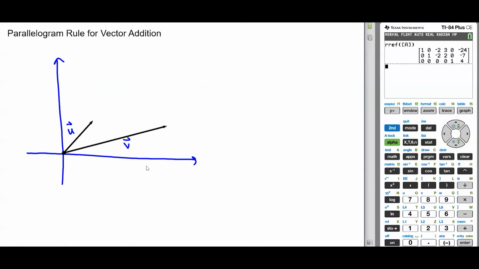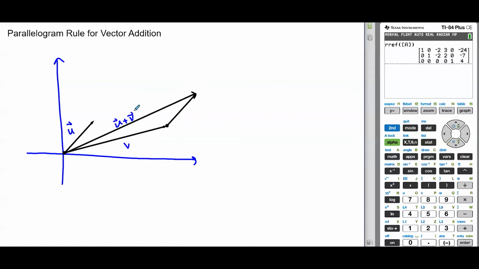The parallelogram rule says that if I take a copy of this vector and place it onto the end of the other vector, so I just made a copy of u and placed it on the end of v, and then draw my new vector from the origin to that endpoint, then the resulting vector is the sum.